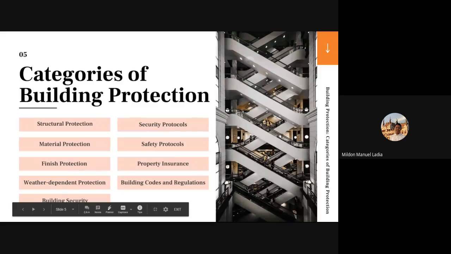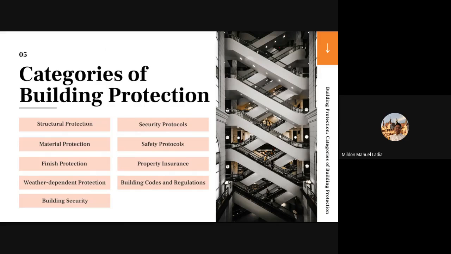Next slide, please. Okay, so the categories of building protection that we were able to identify, which will be discussed subsequently, are structural protection, material protection, finish protection, weather dependent protection, building security, security protocols, safety protocols, property insurance, and lastly, building codes.